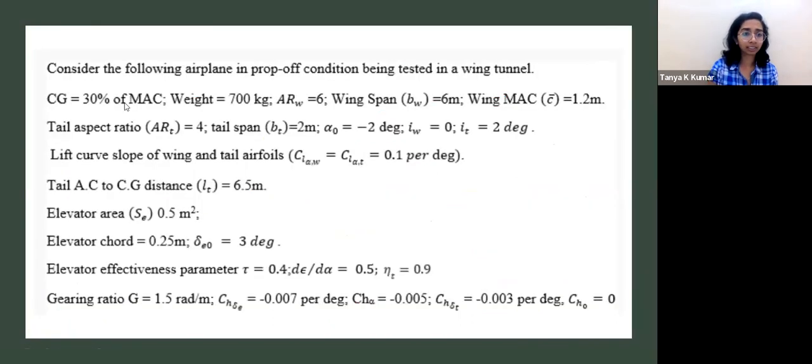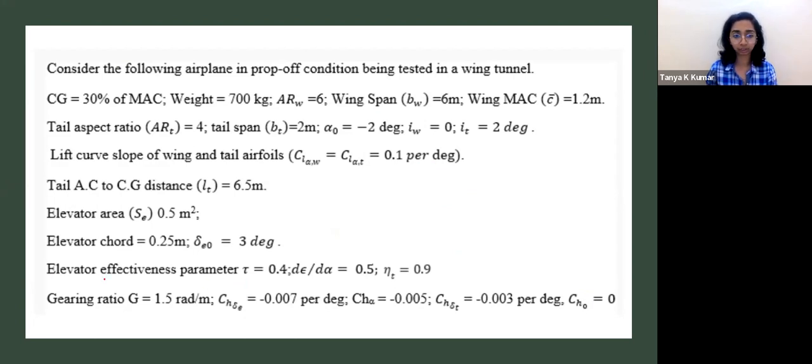This is the data that is given to you. Just look at all the data that is given to you. You have the CG location, the weight of the aircraft, aspect ratio of the wing, wing span, mean aerodynamic chord of the wing, aspect ratio of the tail, tail span, alpha naught, wing setting angle, tail setting angle, lift curve slopes of the wing and tail, the moment arm LT, elevator area, elevator chord, delta E naught, the elevator effectiveness parameter, that is tau.